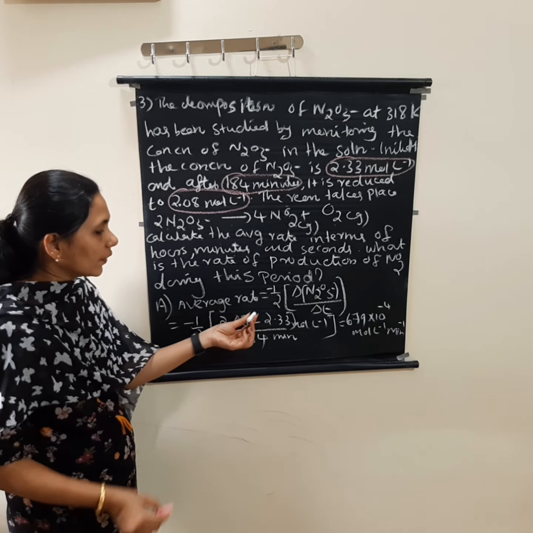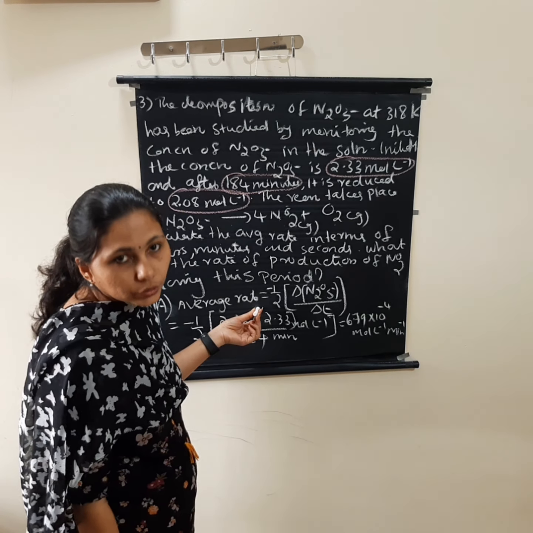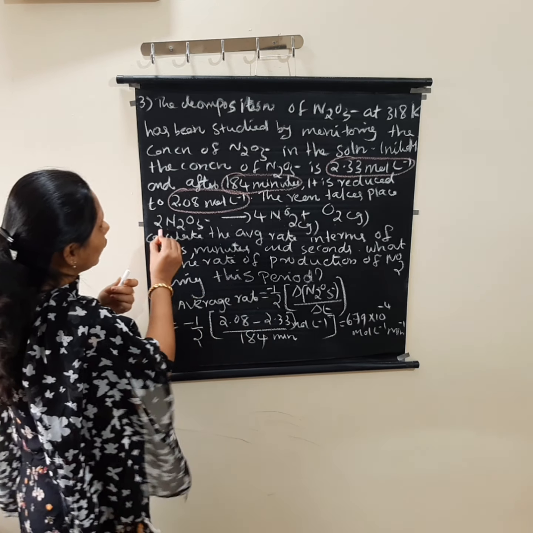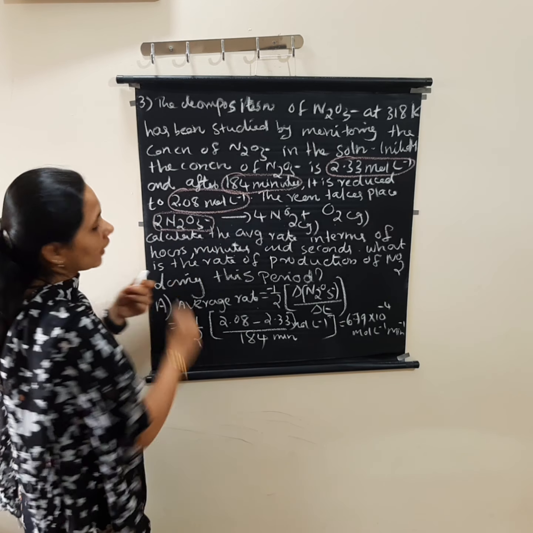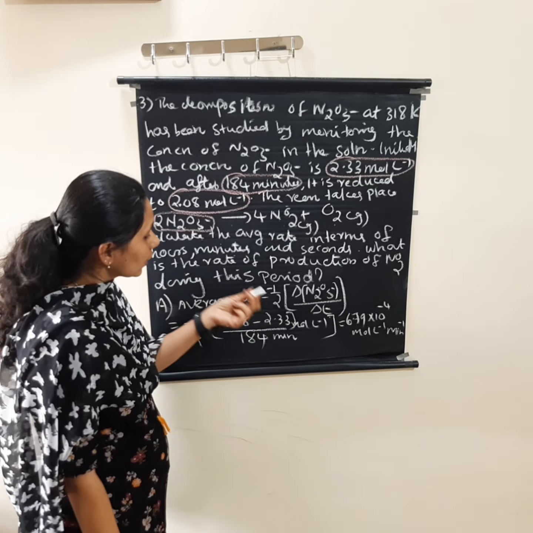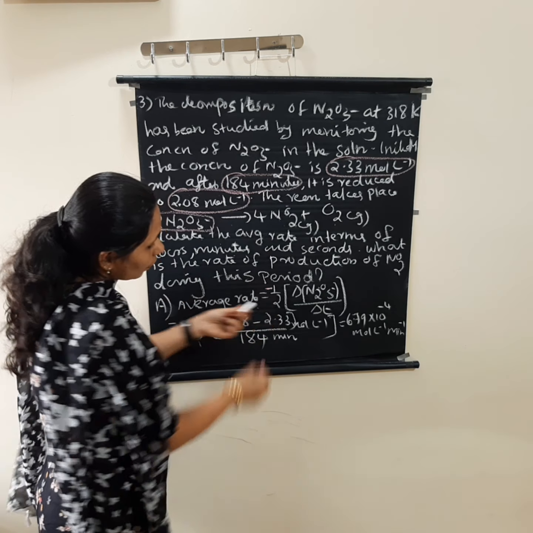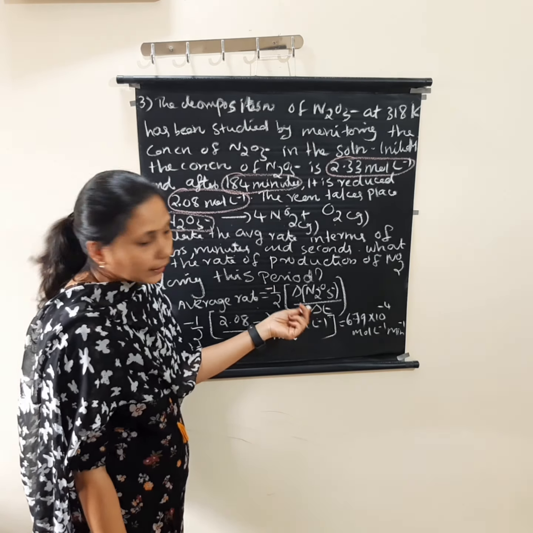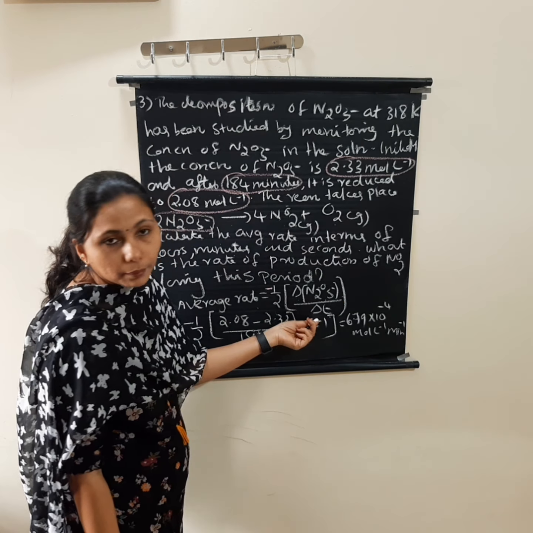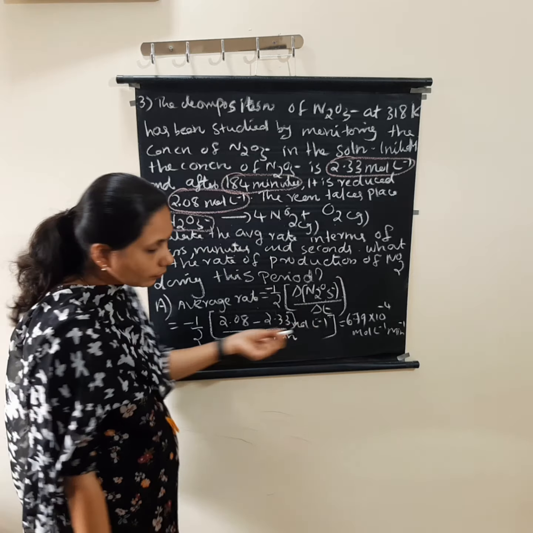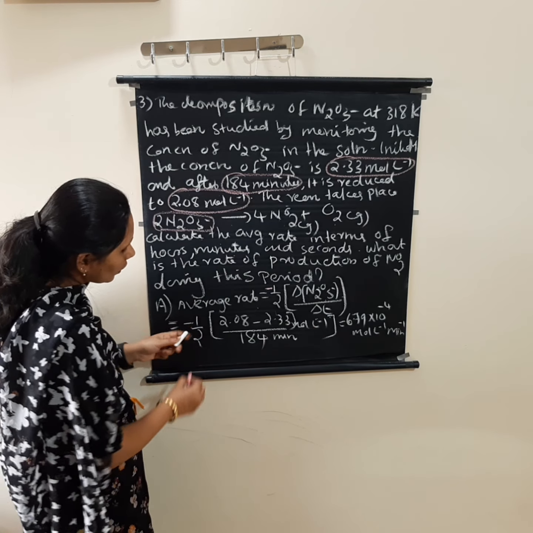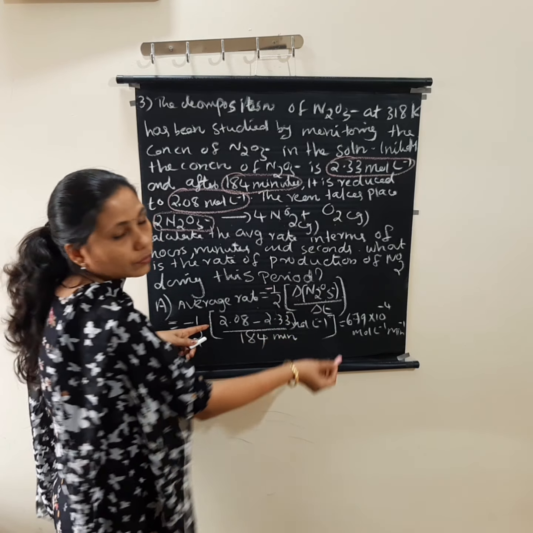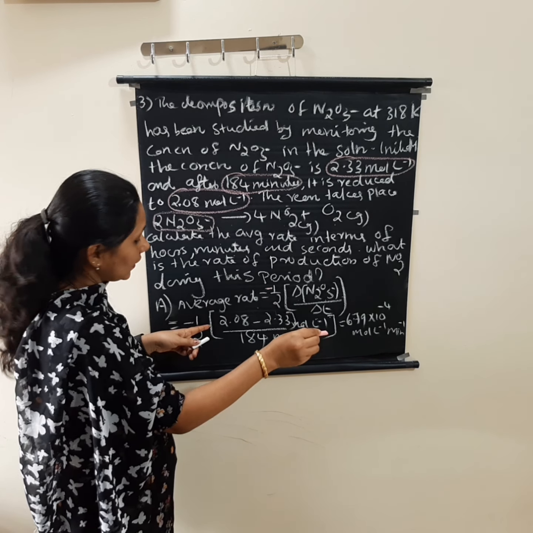We know the average rate equals, according to the reactant we are writing. Which one is the reactant? N2O5 is the reactant, right? Here 2 is the coefficient. So we write minus 1 by 2 delta concentration of N2O5 divided by delta T. We substitute minus 1 by 2 into delta N2O5, which means final concentration minus initial concentration.